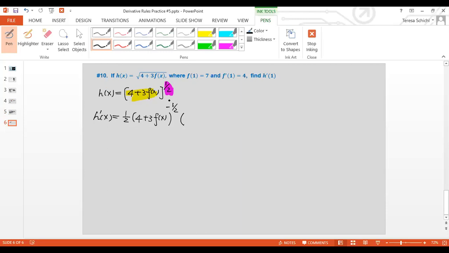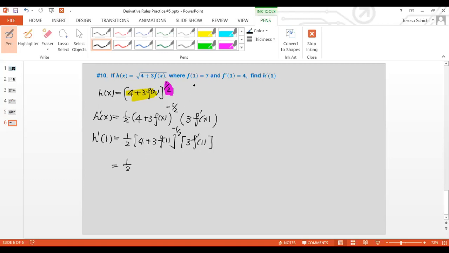Now I need to multiply by the derivative of the secondary. In 4 plus 3 f of x, 4 is a constant, so when you take the derivative, it's 0. So this is 3 f prime of x. Then they want to find h prime of 1, so you just plug it in. This is 1/2 times 4 plus 3 f of 1 to the negative 1/2, times 3 f prime of 1.